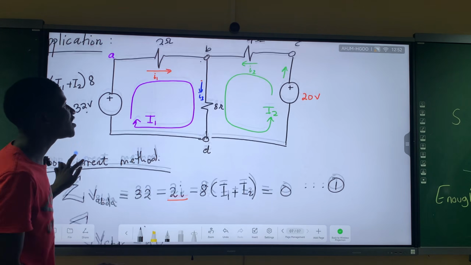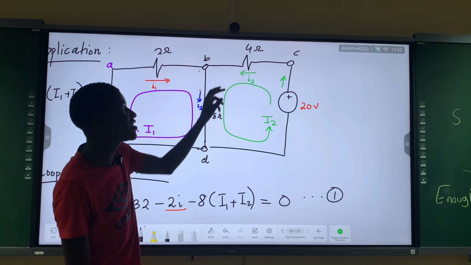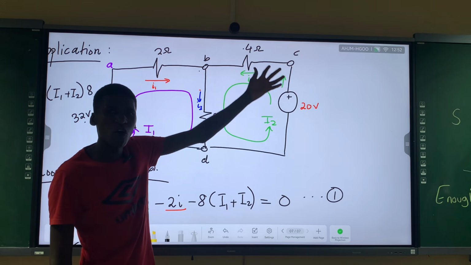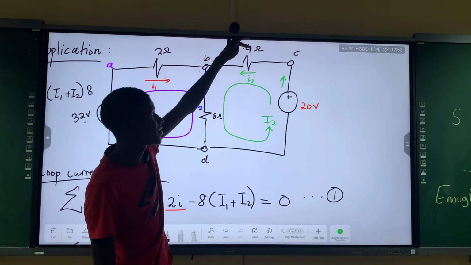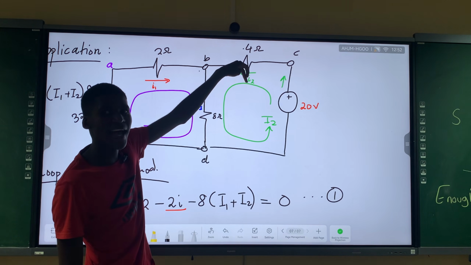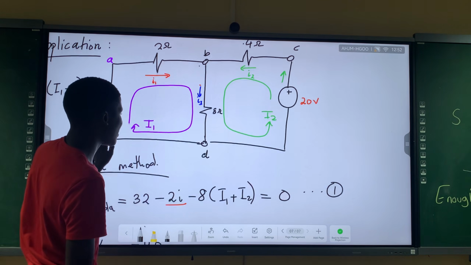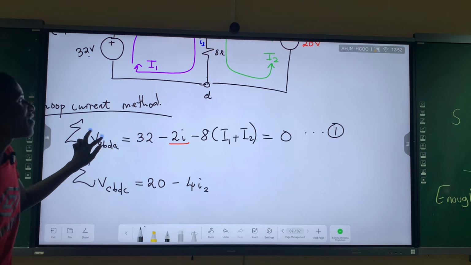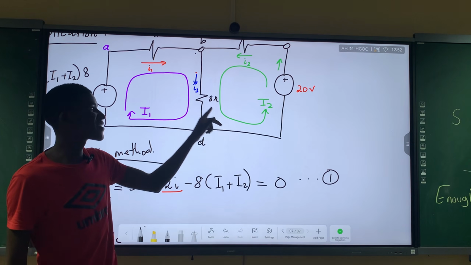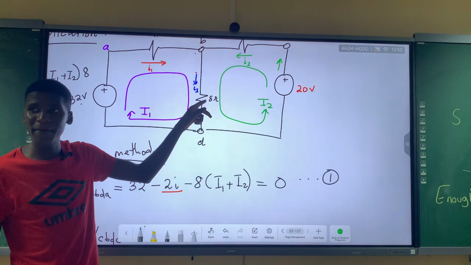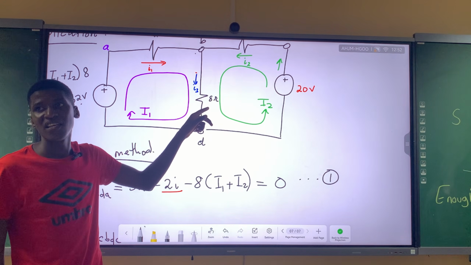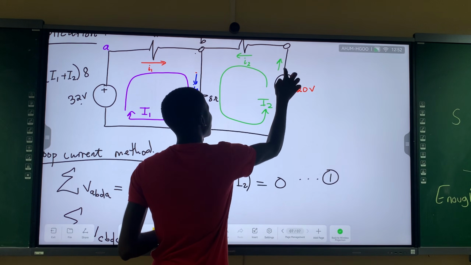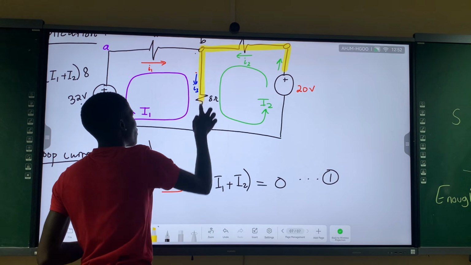Since we don't have the voltage, but we know the resistance is 4 ohms and the current is I2, using Ohm's law you just say resistance, which is 4, times the current, which is I2. So this is minus 4 I2. And then 8 ohms is still part of the loop. It's recommended to highlight your loop, so it becomes visible that we are talking about this part.